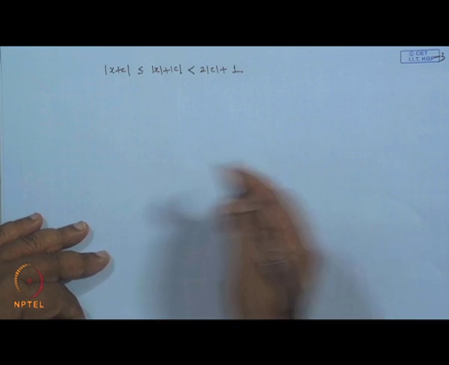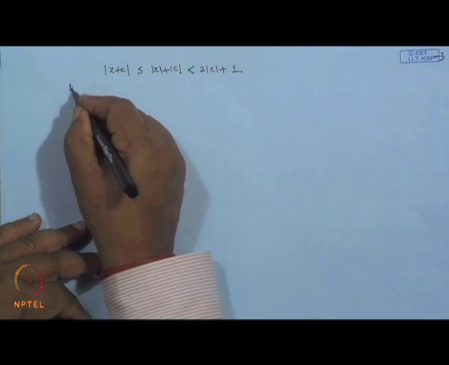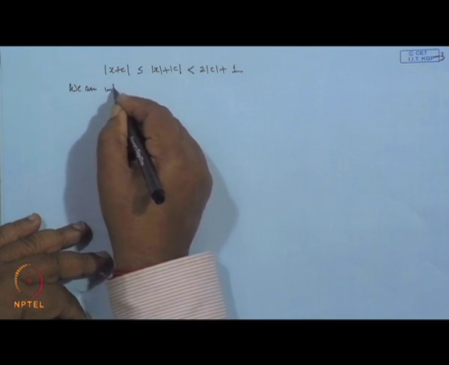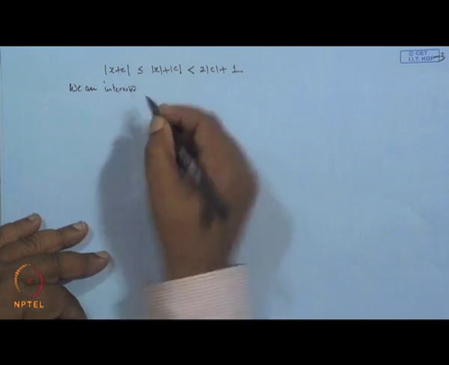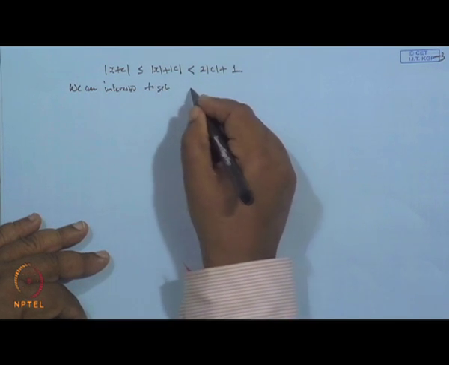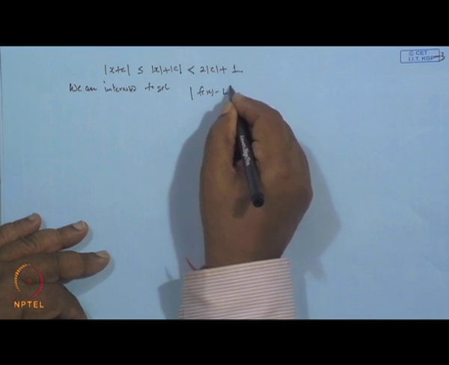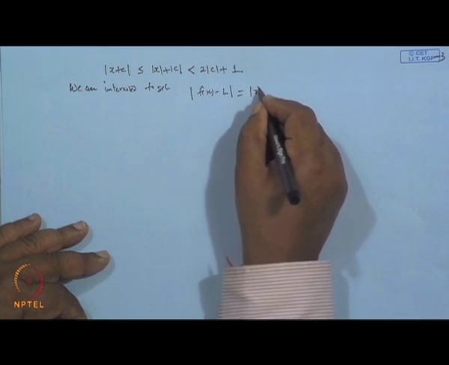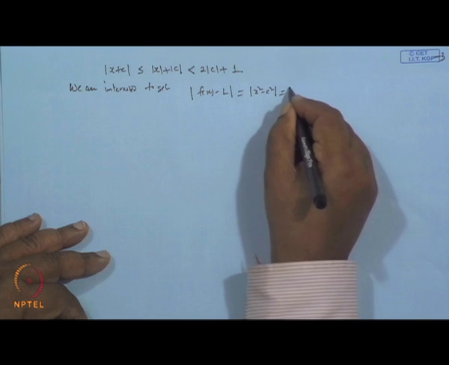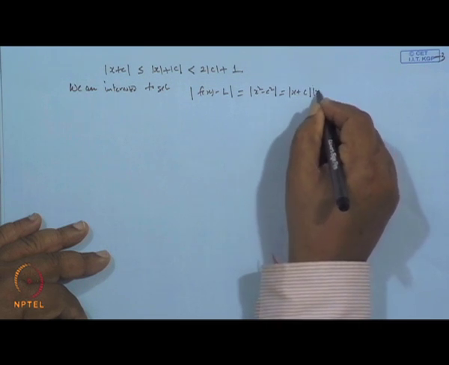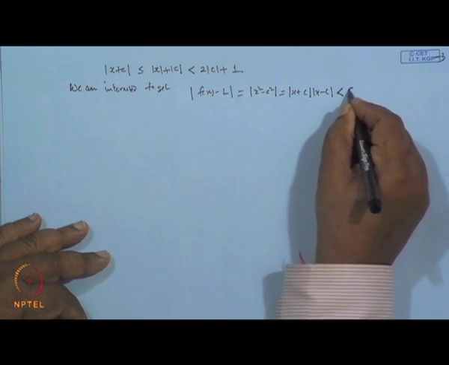Now, what we are interested in is to get f(x) minus L, which is the same as x squared minus c squared, which is the same as (x plus c)(x minus c), to be less than epsilon.